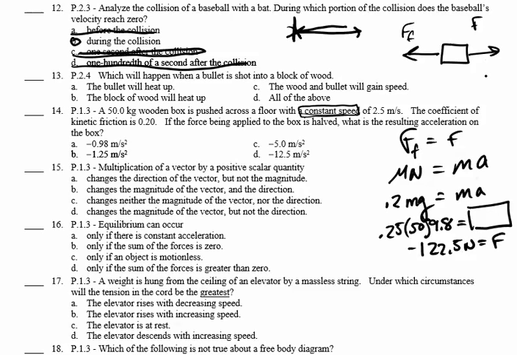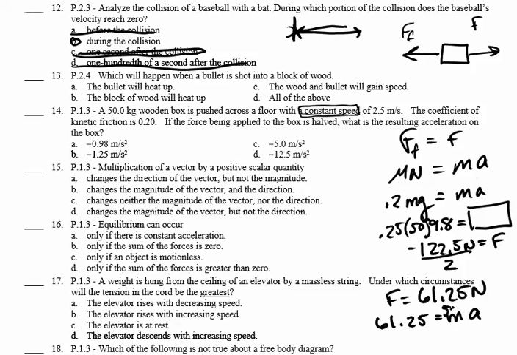The reason I had to find this frictional force is because they tell me if the force being applied to the box is halved, what is the resulting acceleration of the box? Well, for me to half it, I had to find out what it was, and we said that they were equal to each other. Now, if I divide that by 2, once divided by 2, we find out that that force is equal to 61.25 newtons, and I'm going to set that equal now to ma.